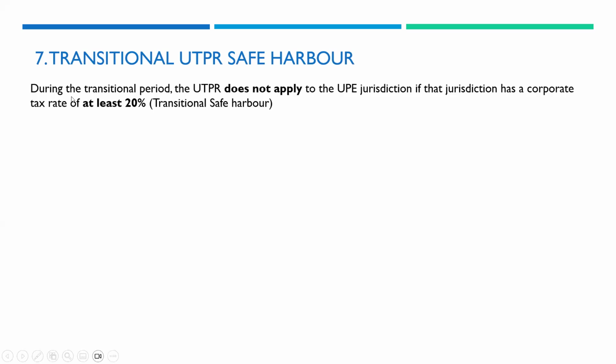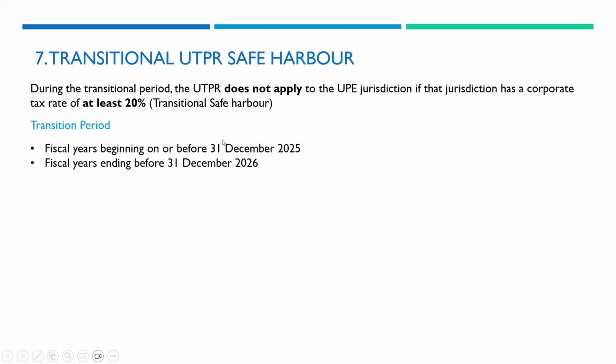Okay. During the transitional period, UTPR does not apply to the UPE jurisdiction if that jurisdiction has a corporate tax rate of at least 20%. Now, if the UPE jurisdiction has a corporate tax rate of at least 20%, then even if they are a low tax constituent entity, UTPR does not apply to them. So the transition period is only till 31st December 2026.